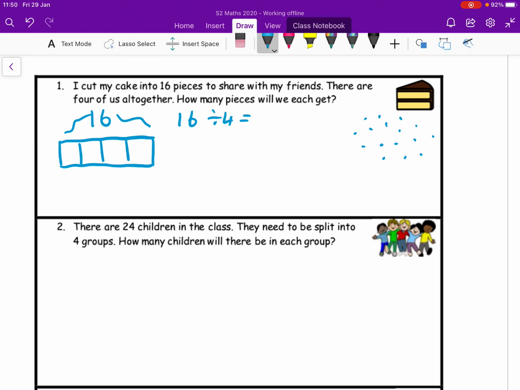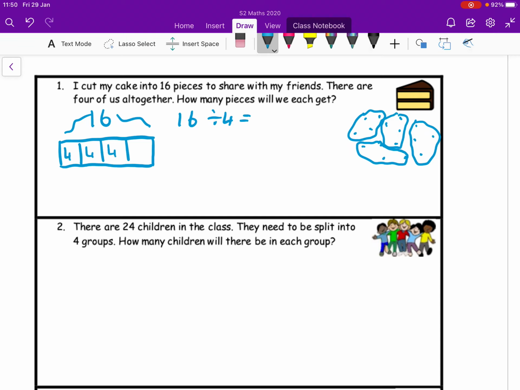I want to now split it into groups of 4. That's what I'm trying to do. I'm trying to divide by 4. So if I do that really quickly, there's 1 group, 2 groups, 3 groups, and 4. Can we see that each little group has 4 little pieces of cake in them represented by the dots? That tells us that 16 divided by 4 actually gives us 4.